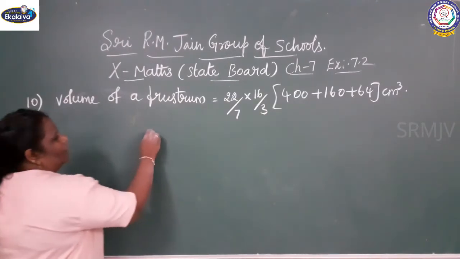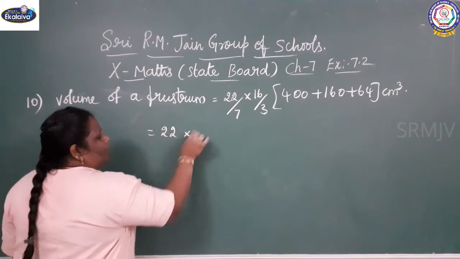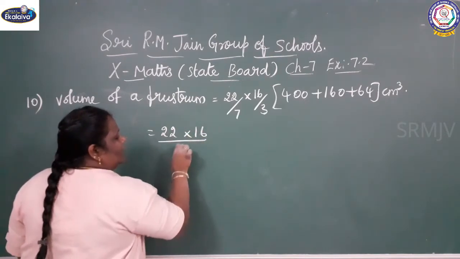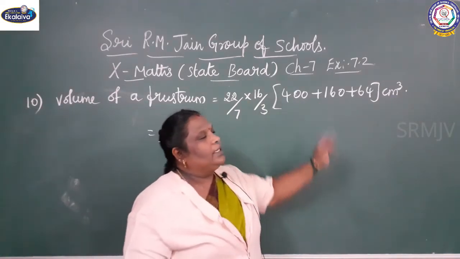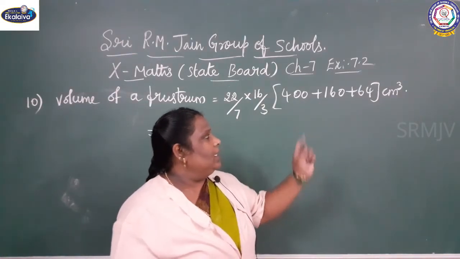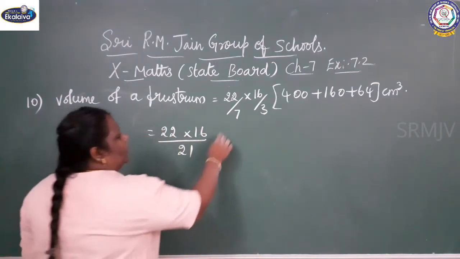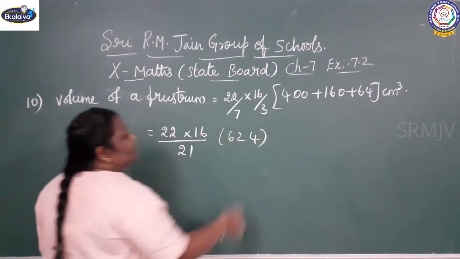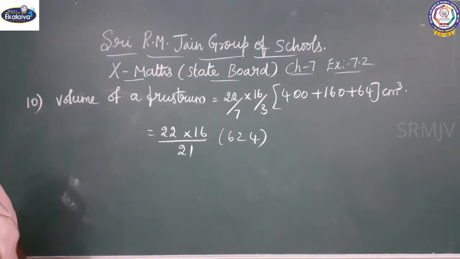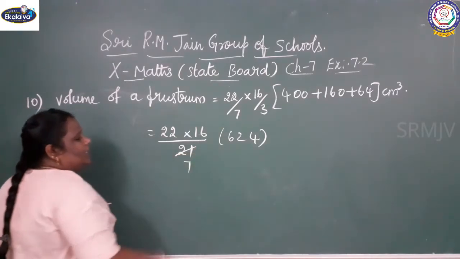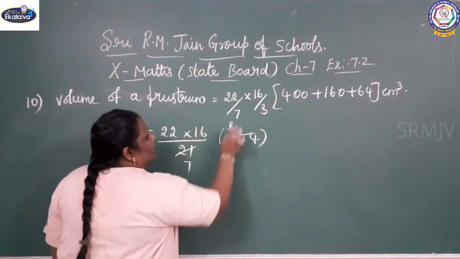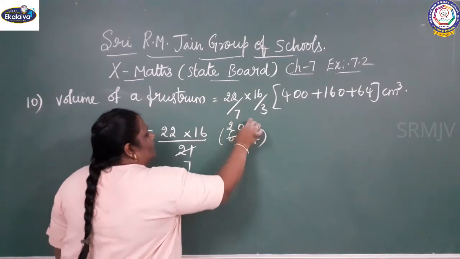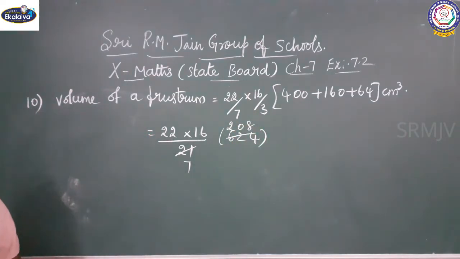See here. 22 into 16 by 7 3s are 21. 400 plus 160 is 560. 560 plus 64 is 624 centimeter cube. 7 3s are 21, 3 2s are 6, 8 3s are 24.